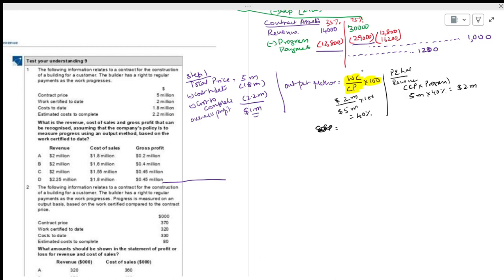Cost to date is nothing but cost of sales. Cost of sales is 1.8 million. Revenue is 2 million. Gross profit is how much? 0.2.